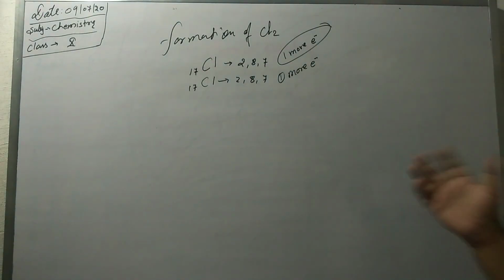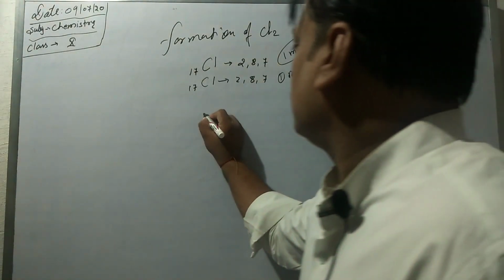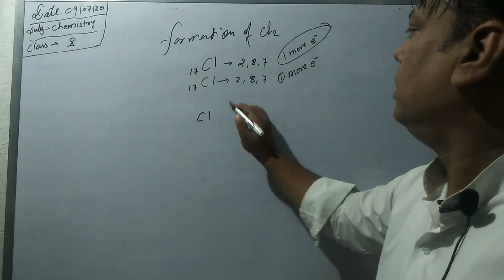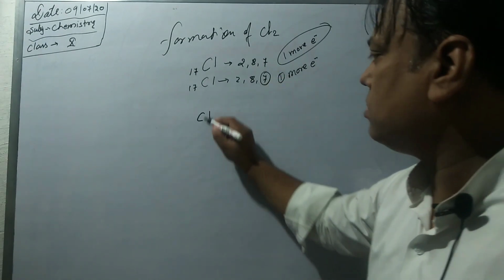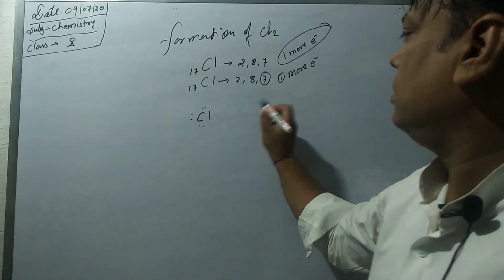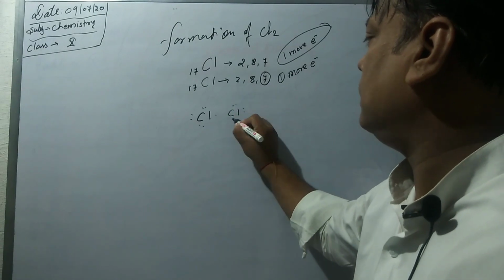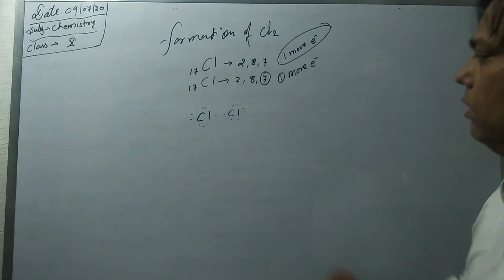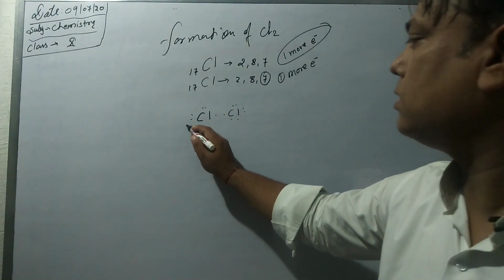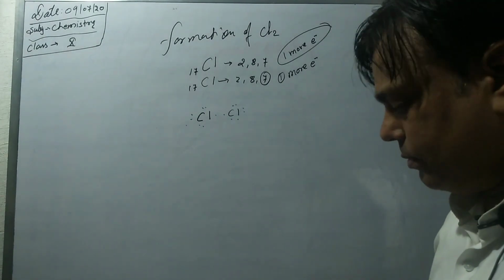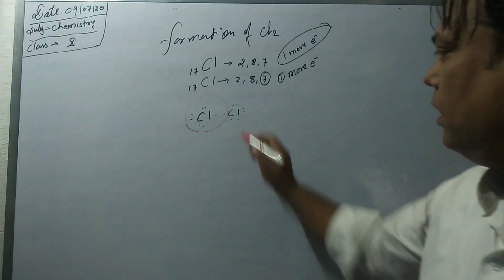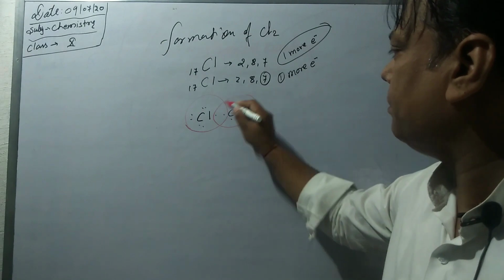Now, what will happen? Draw the electron dot structure of chlorine. The outermost shell has 7 electrons. The second chlorine also has 7 electrons in the outermost orbit. The first chlorine atom needs 1 electron to complete its octet, and the second also needs 1 electron to complete its octet.